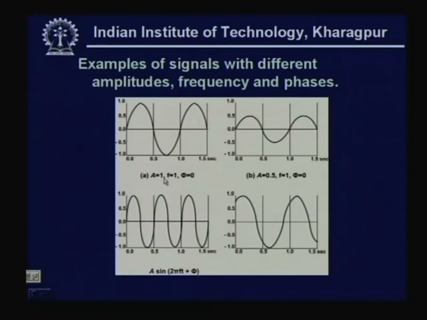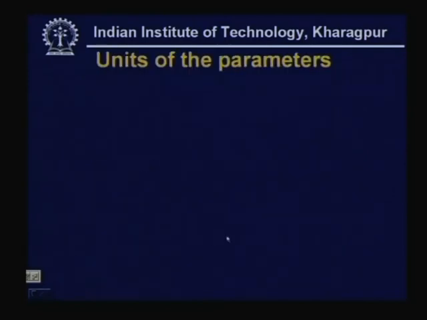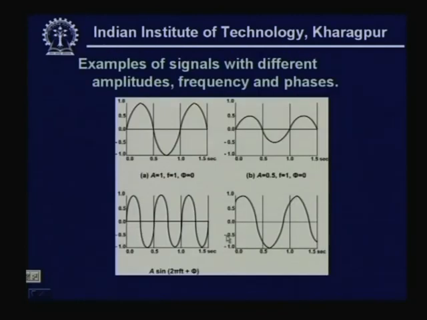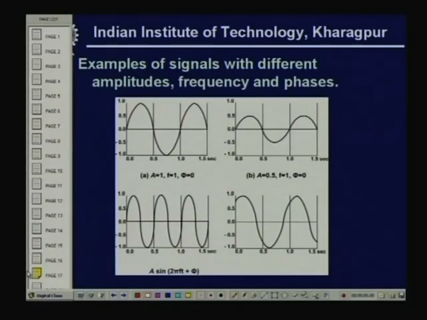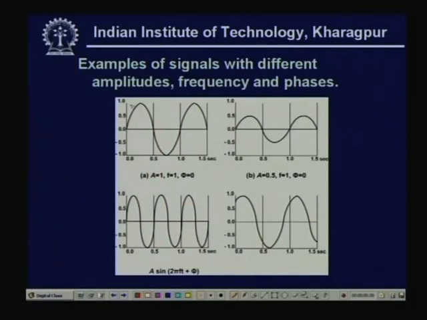So, A is equal to 1 volt, this part is 1 volt, this is 1 volt, and within 1 second, you can see one complete cycle is completed. So, it has frequency f equal to 1, and as I told, at time 0 the phase is 0. So, phi is equal to 0.